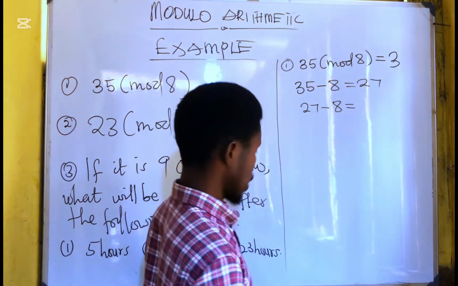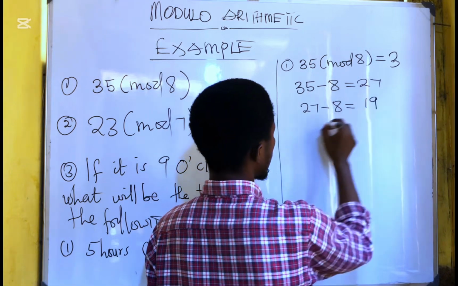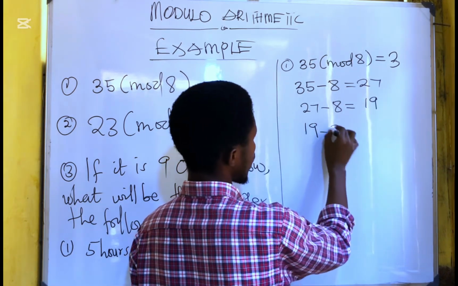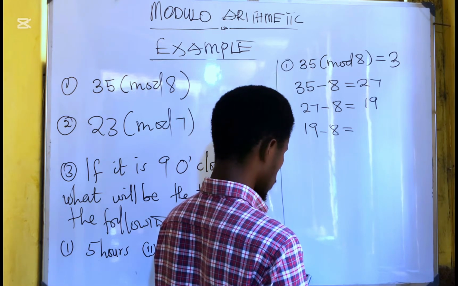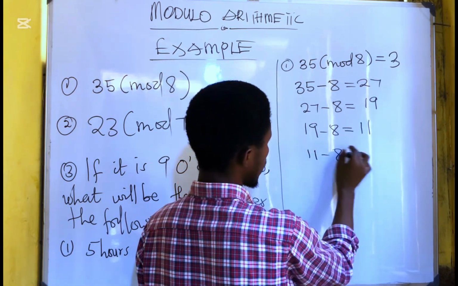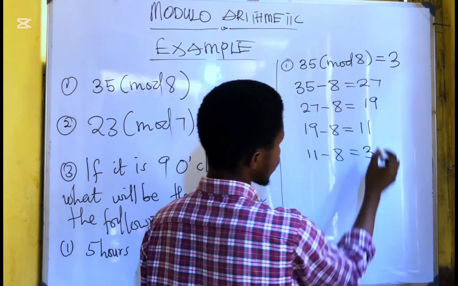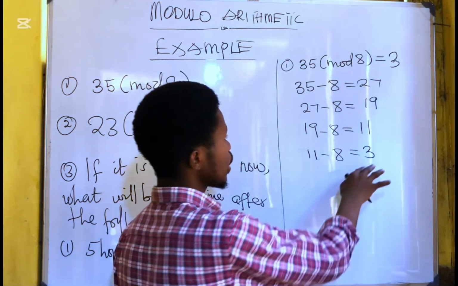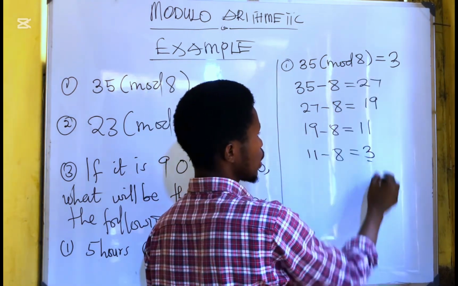So minus 8, you have 19. Now 19 minus 8, what do we have? 11. 11 minus 8, what do we have? Sorry, 3. Is that okay? Now in this case, this 3 is less than the mod in question, so the answer is 3.